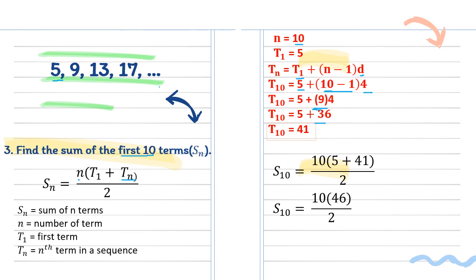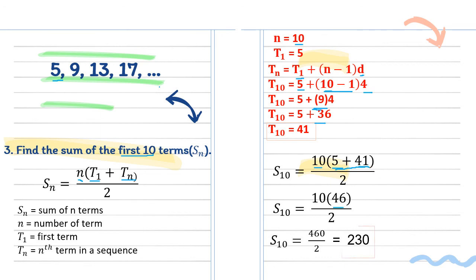Now substitute the values of n, t₁, and tₙ. n is equal to 10. t₁ is equal to 5 plus tₙ, which is 41, all over 2, or divided by 2. 5 plus 41 is equal to 46.